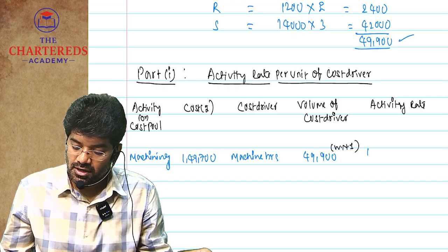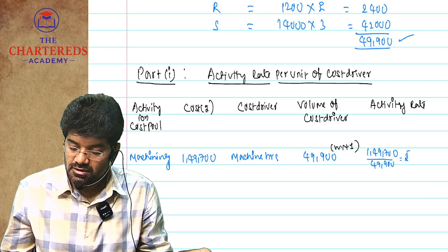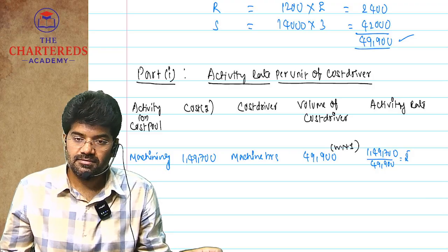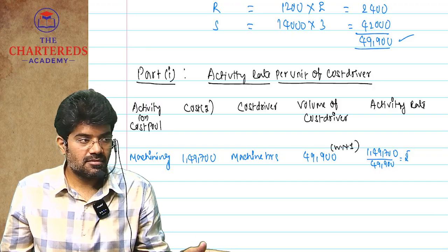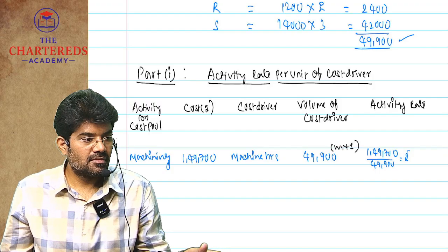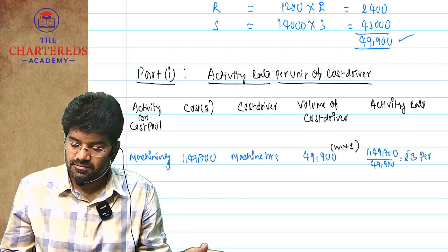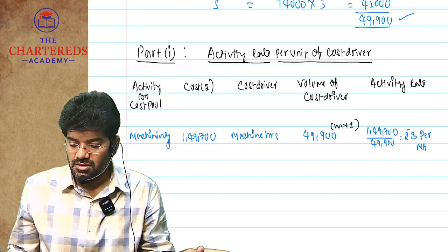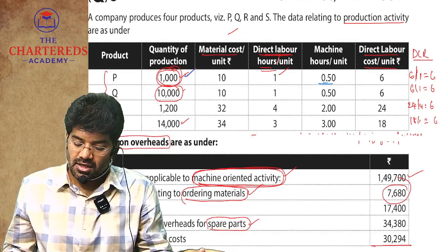So now 1,49,700 divided by 49,900, rounded to 2 digits after the decimal point, what do we get? Exactly 3. So 3 rupees per machine hour. Okay, now the second activity is material ordering.